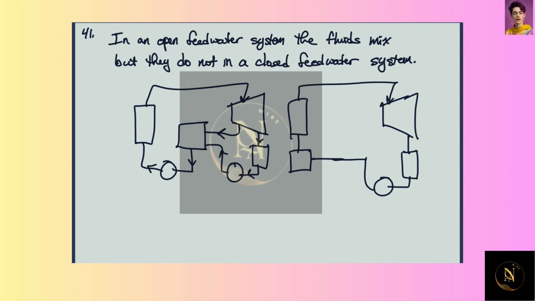And then we have the feed water heater here, and this comes out of here and goes through there to another pump and then comes into here. So that's how that one works.